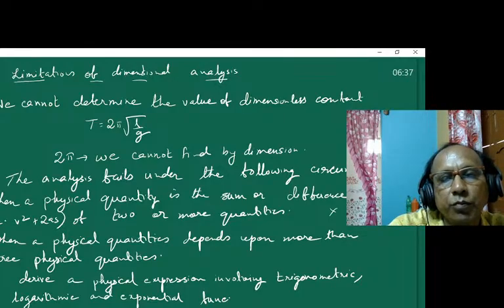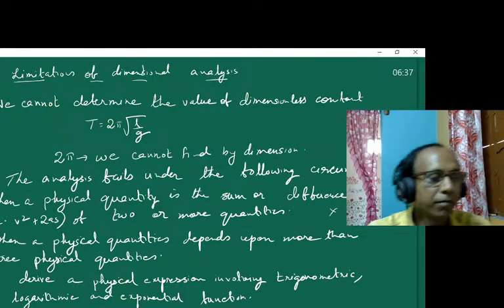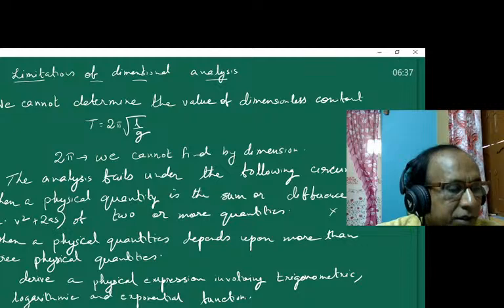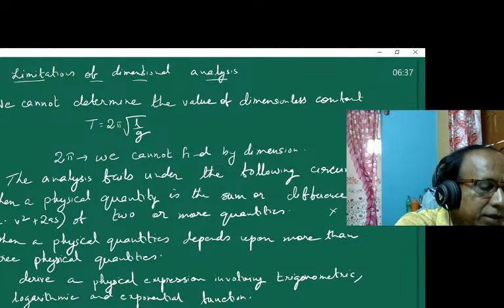So these are the important points of dimension. And we have learned how to find the dimension. We already learned all these things. How to find the dimension, right?